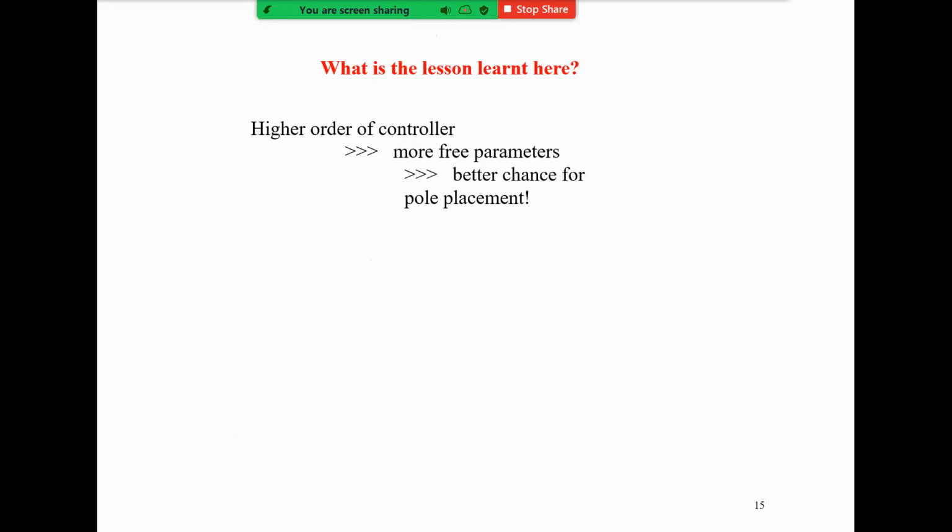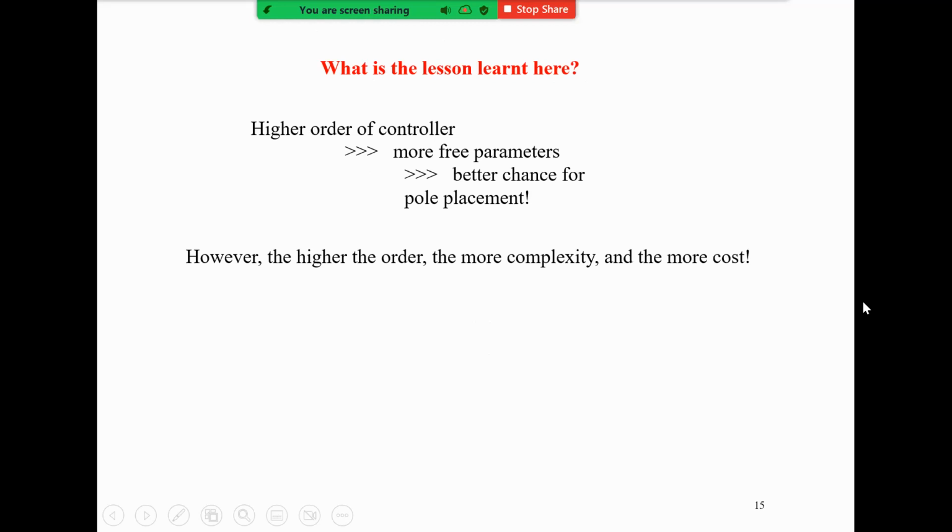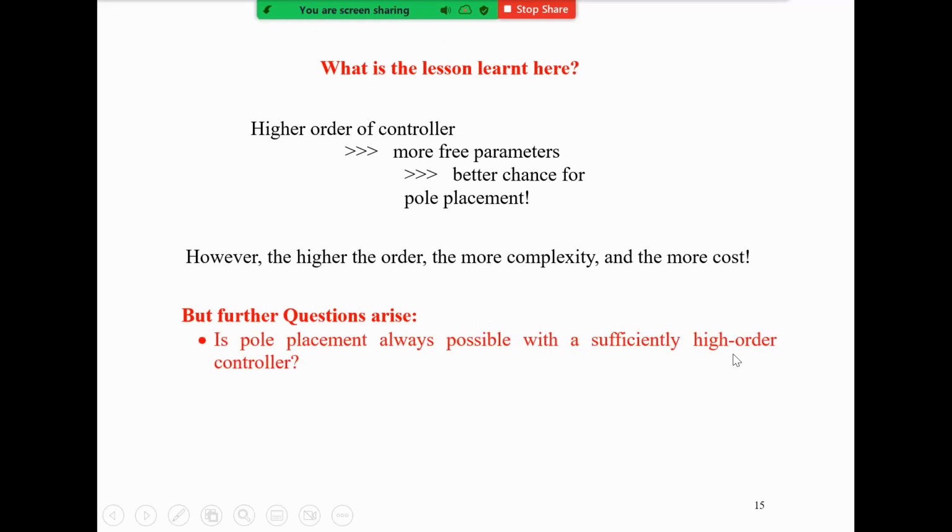So what we have learned is, if we use a higher order of controller, we will get more free design parameters. That will give us a better chance for the pole placement. But on the other hand, remember, the higher the order of the controller, of course, your controller will be more complex. It also means more cost when you implement that. Then there are some other questions.